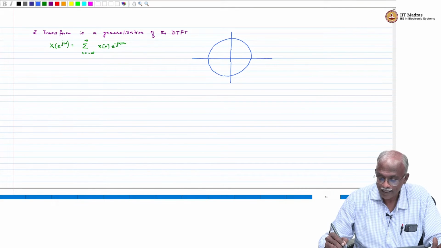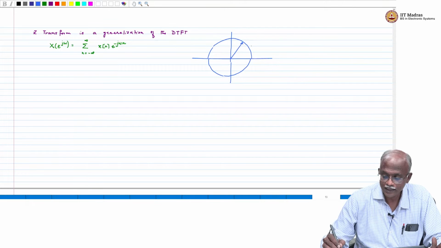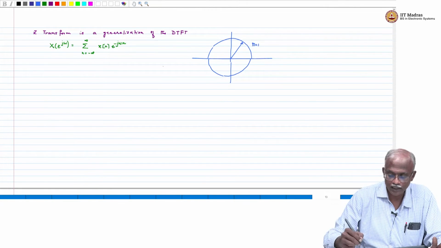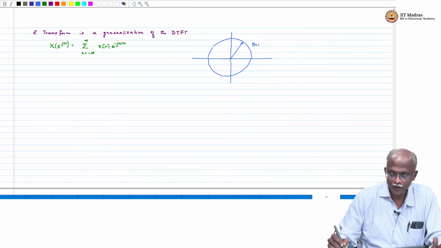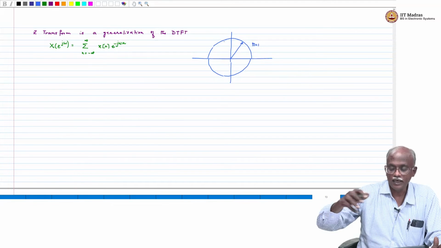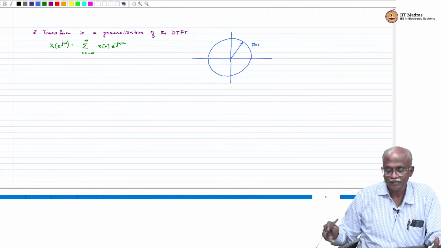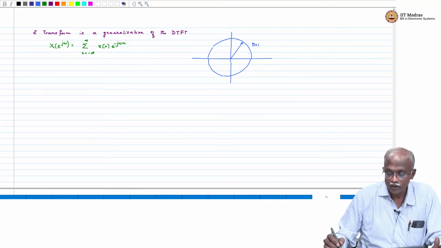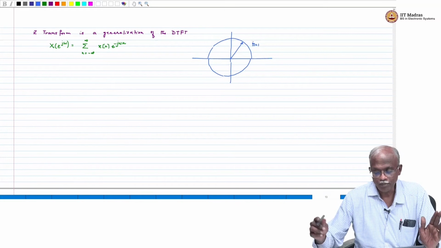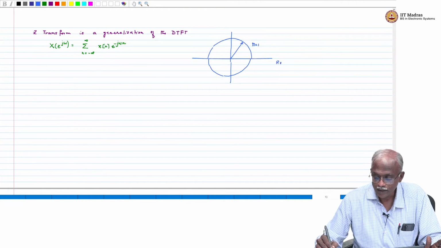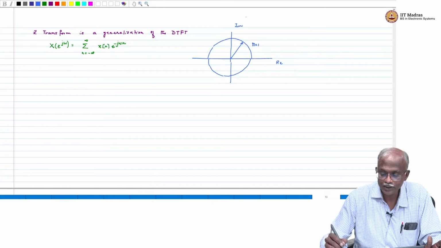So, e^{jω} for different values of omega lies on the circle with radius equal to 1, and you can think of omega as the angular frequency. That means I am not covering the entire z plane. This is the real part, this is the imaginary part.